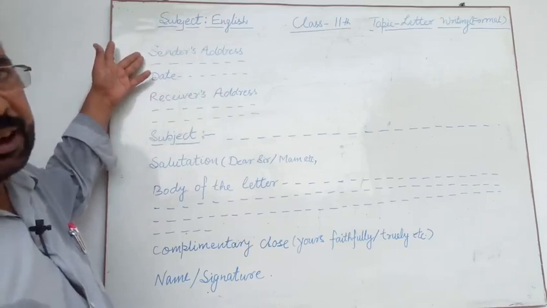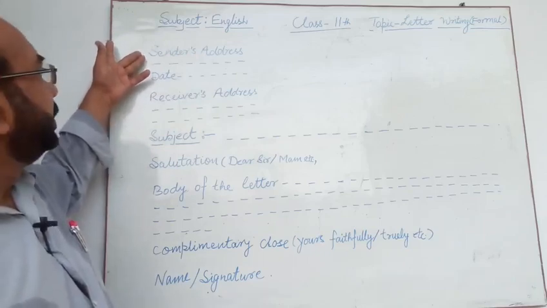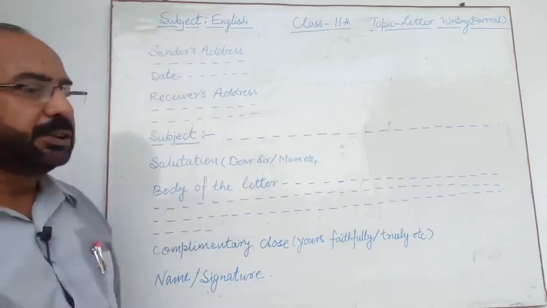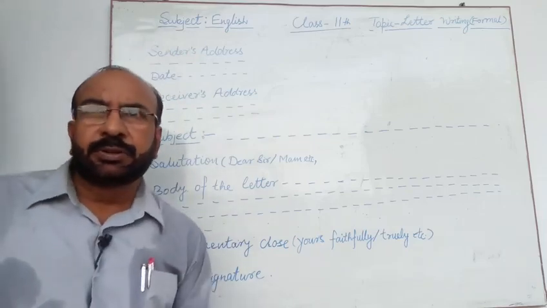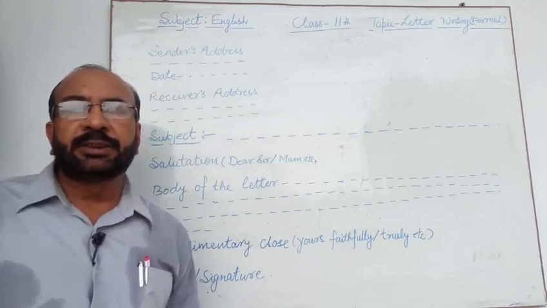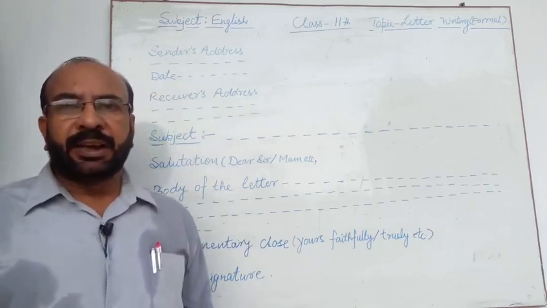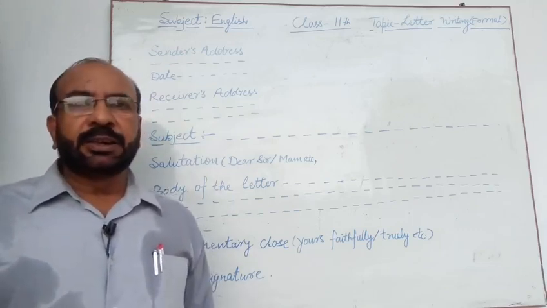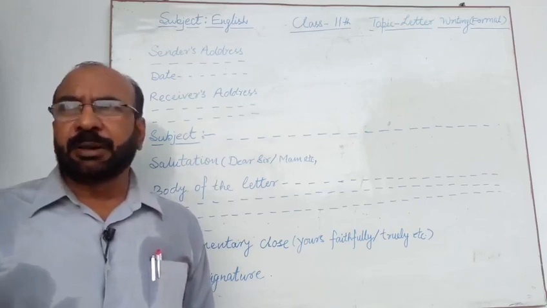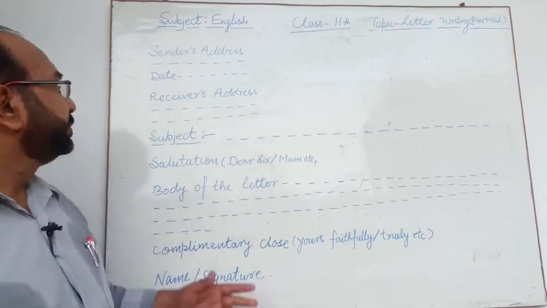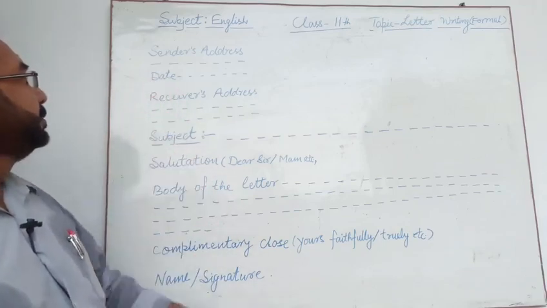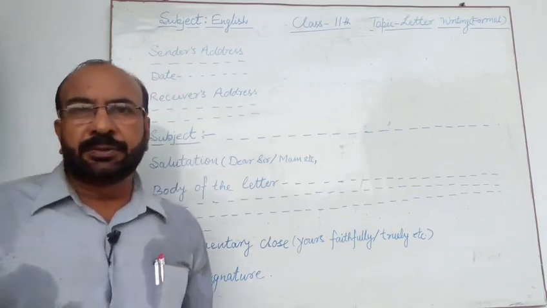First is sender's address. At the left top, you will write the sender's address. Very first, suppose you have to write 36 Japlinganj, Balia. So you will write 36, comma, Japlinganj, and Balia should be written in the second line. And after that, date must be there.